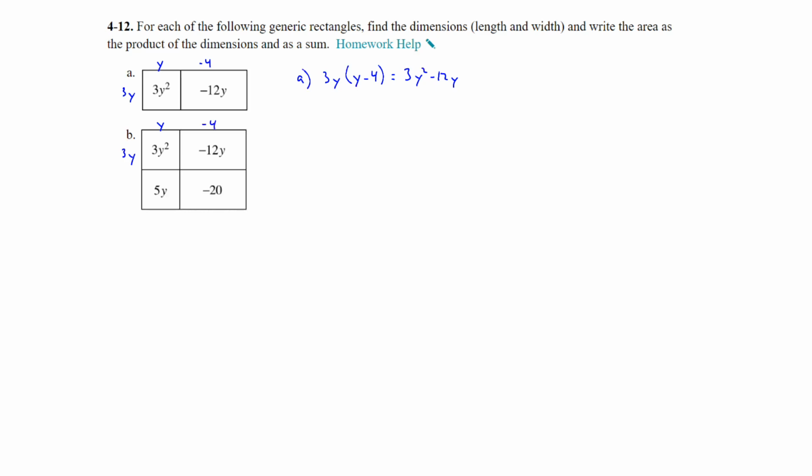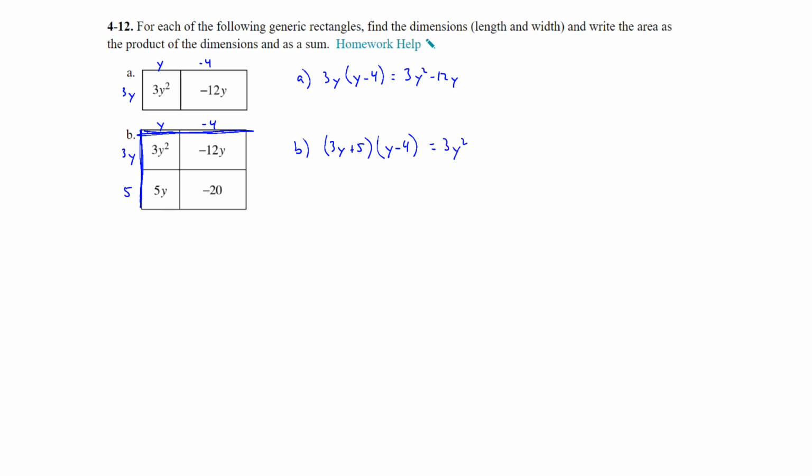And then on the bottom, you have here, -4 times what gives you -20. That would be a +5, and 5 times y also gives you 5y. So looks like we have a length and width of 3y plus 5 times y minus 4. So those are the length and width, or the other way, doesn't matter, is equal to the sum of its parts.